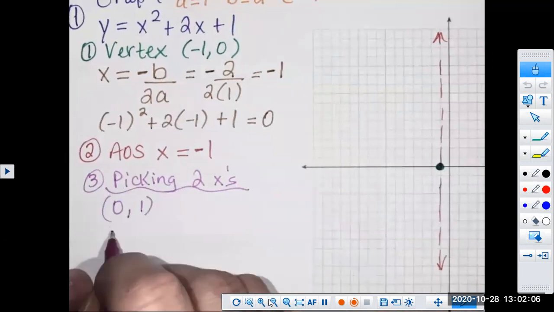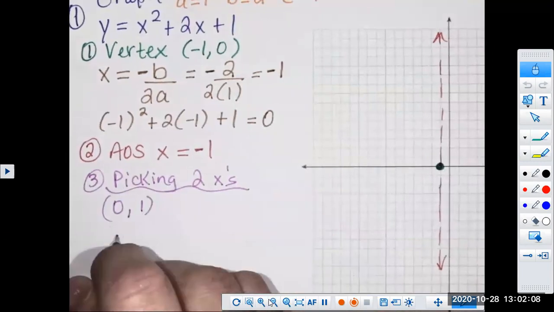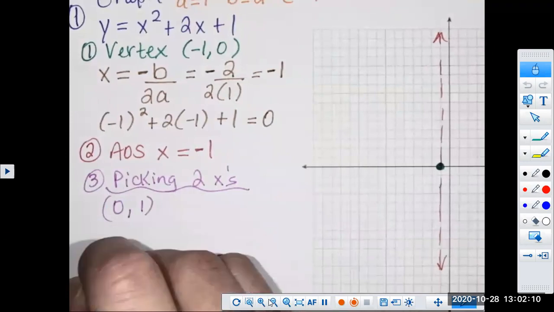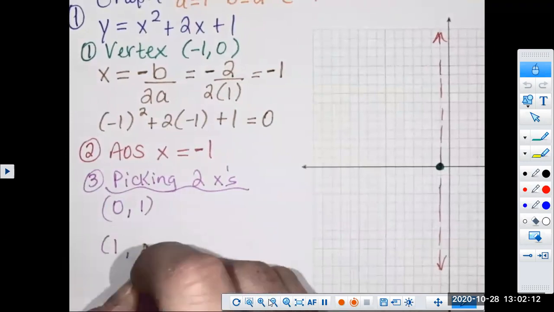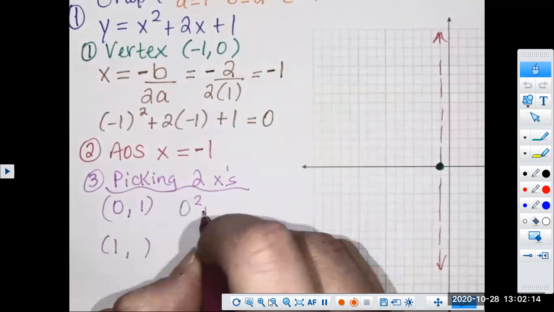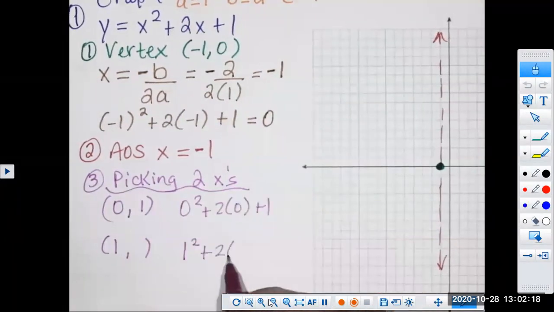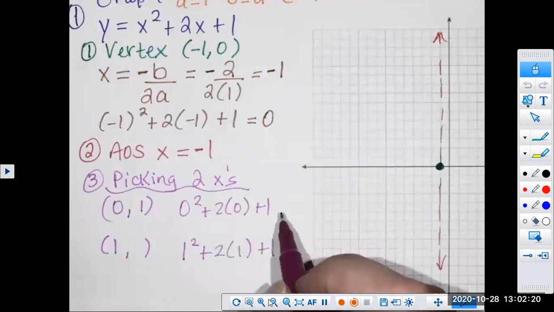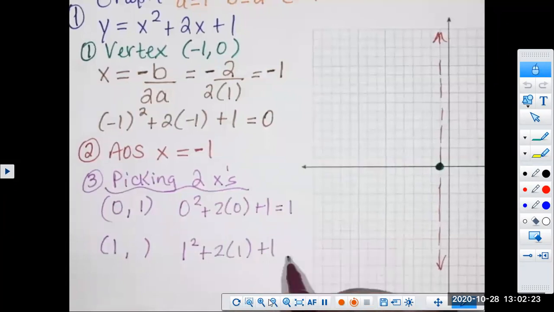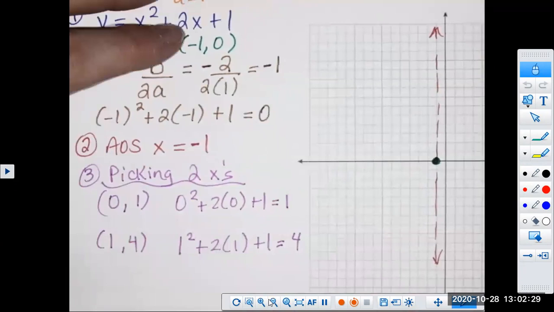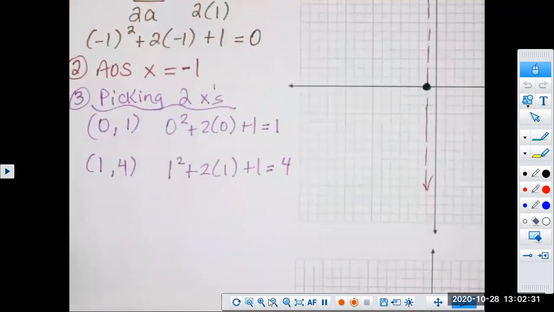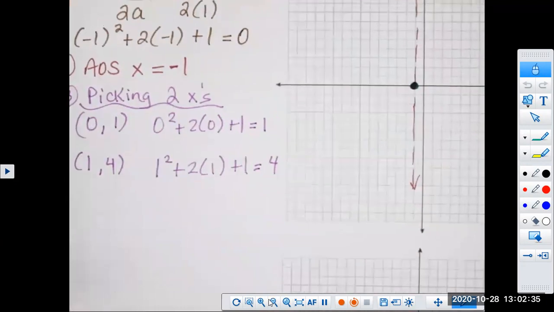And then we are choosing to plug in 1. What does that leave you with? Okay, plot those 2 points.